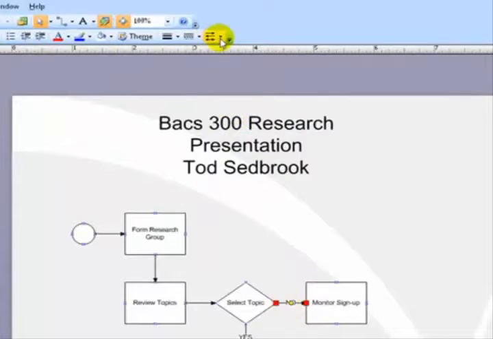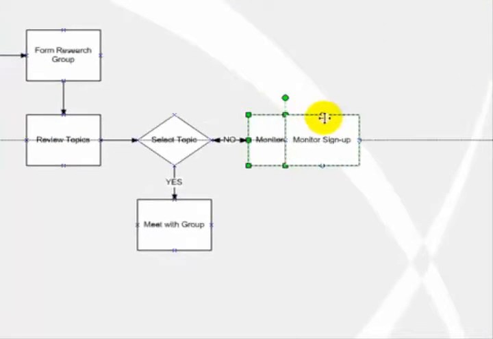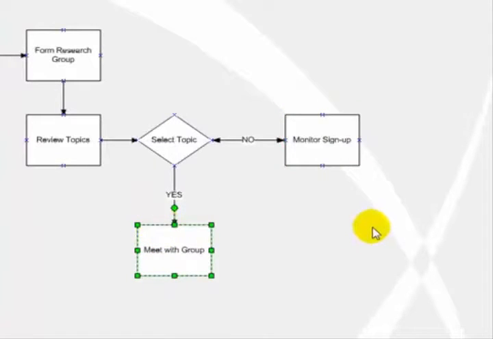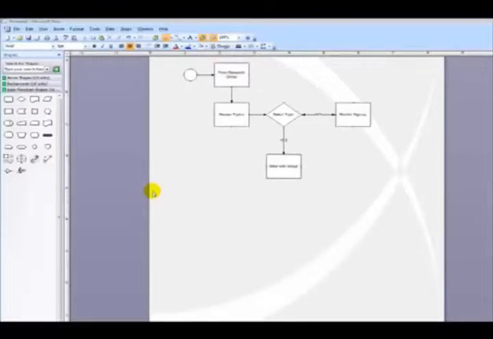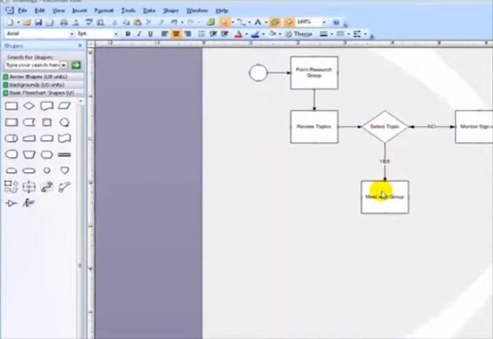Again, click the arrow and turn it into a double-headed arrow. Again, you can always rearrange things. Well, let's continue, assuming that we get out of this branch and meet with our group.